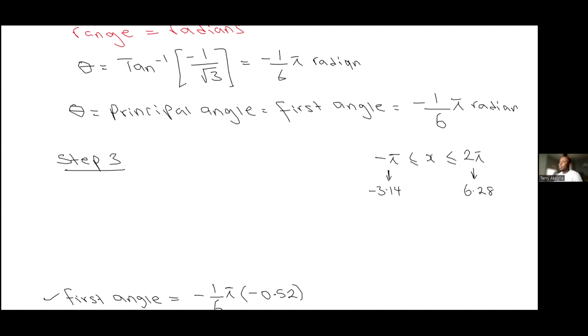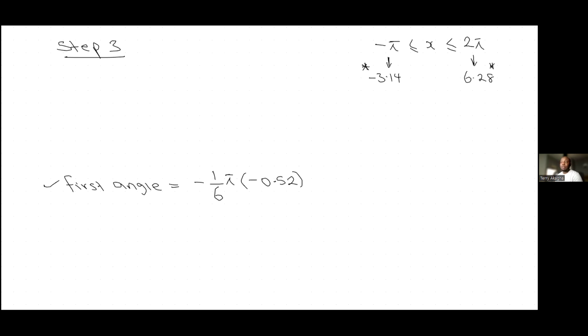It's very important to do these extra steps to convert to decimal if you are not very comfortable working with fractions. So minus 1/6 pi is the same thing as minus 0.52.